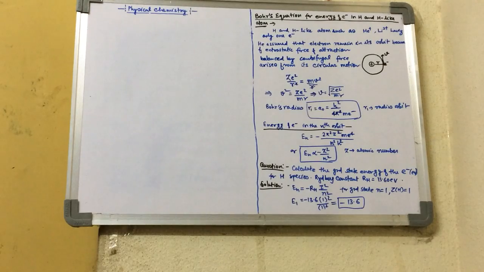The uncertainty principle basically gives information about the nature of light as well as matter. In this uncertainty principle, we can't determine simultaneously the position as well as the velocity, meaning momentum, of any minute particle.